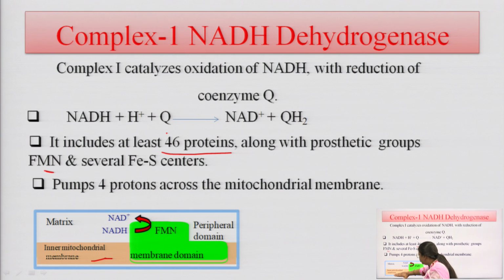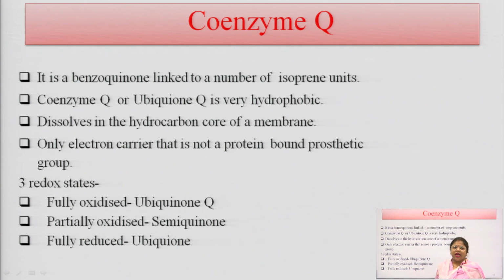This is the inner mitochondrial membrane, this is the membrane domain, and in the peripheral domain FMN is responsible for the conversion of NADH to NAD positive in the mitochondrial matrix. Coenzyme Q is a benzoquinone nucleus linked to a number of isoprene units.